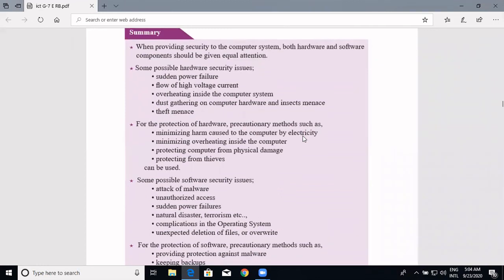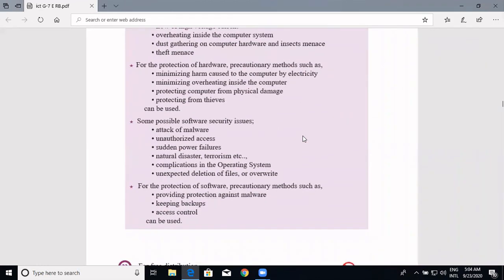To protect against them, we have different precautions, hardware protection, right? Similarly, we had software security issues also: malware, unauthorized access, sudden power failures that can cause software issues, natural disasters, complications of the OS, and unintentionally deleting something.